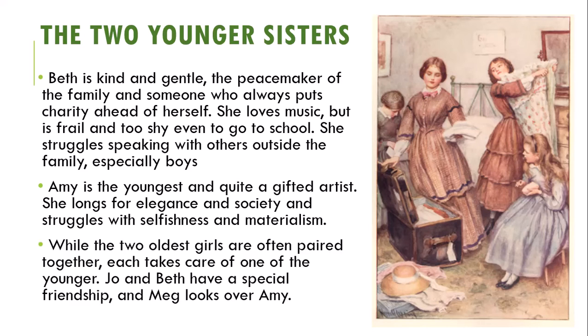So the two oldest girls are often paired together, but each one of them takes care of one of the younger girls. Jo and Beth have a special friendship. Meg looks over Amy because they do have quite a bit in common. So you see in the first part of the book, Jo trying to teach Beth to be a little bit more outgoing, Meg trying to teach Amy to be a little bit less selfish.